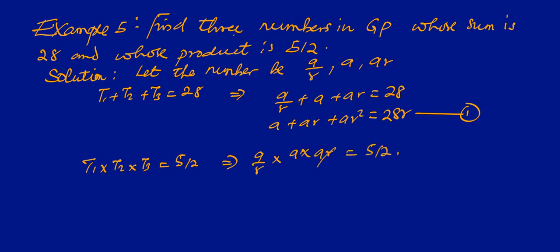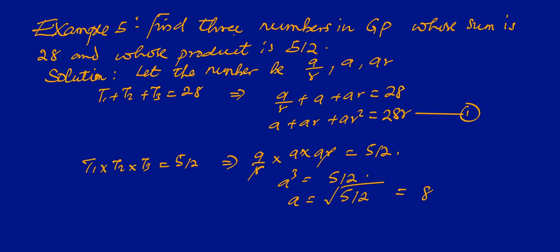So the R cancels, and we have A cubed is equal to 512. So A will be equal to the cube root of 512, that is 8.